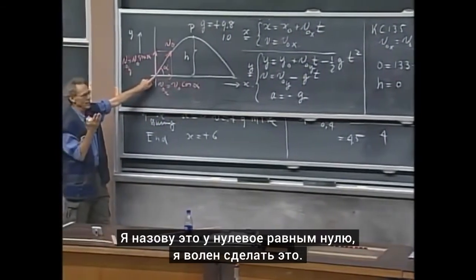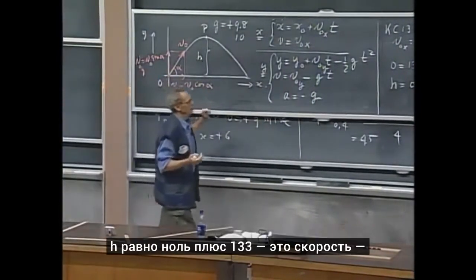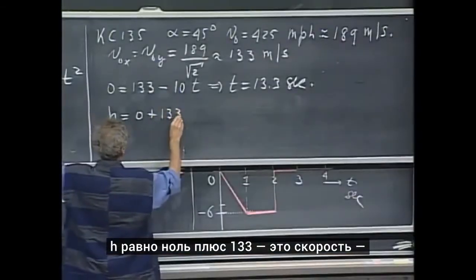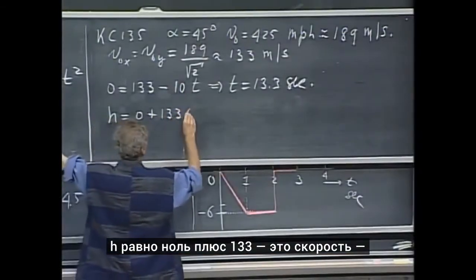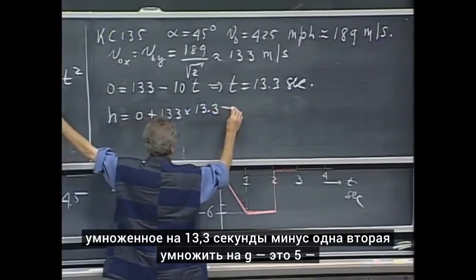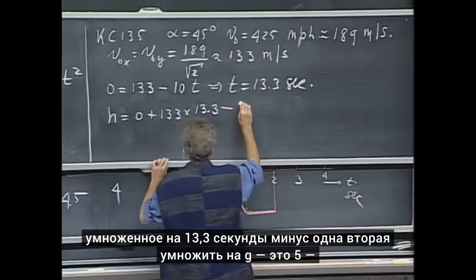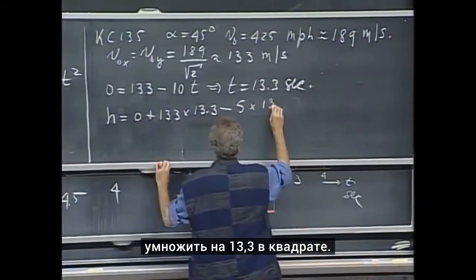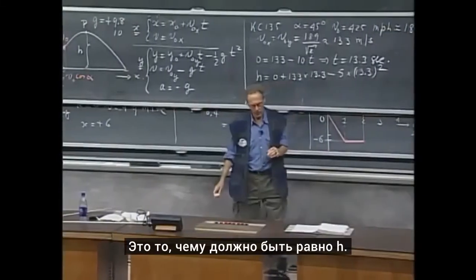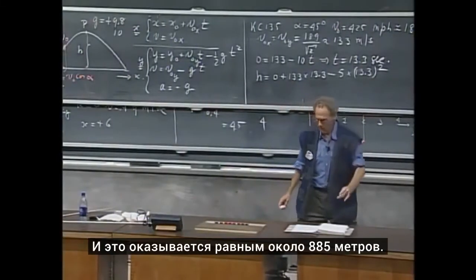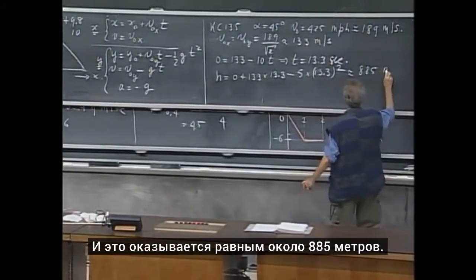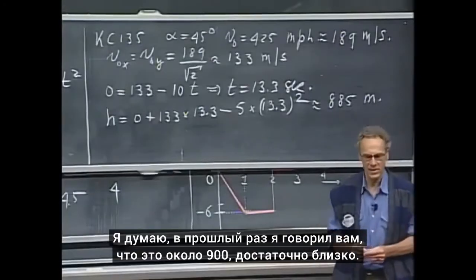I'm free to do that. h equals 0 plus 133, that is the speed, times 13.3 seconds, minus 1/2 times g, that is 5, times 13.3 squared. That is what h must be. And that turns out to be about 885 meters. I think I told you last time it's about 900.